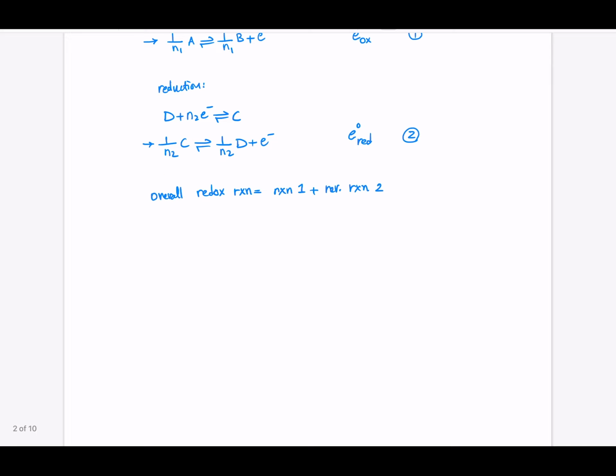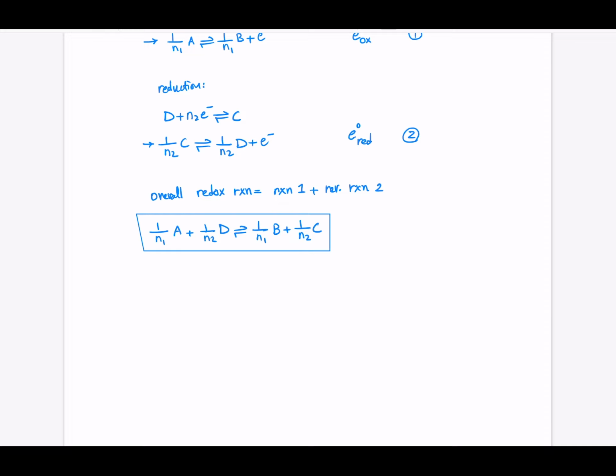And if we do that, this would be 1/N1 A plus 1/N2 D, which would give us 1/N1 B plus 1/N2 C. And now this is basically a standard redox reaction.